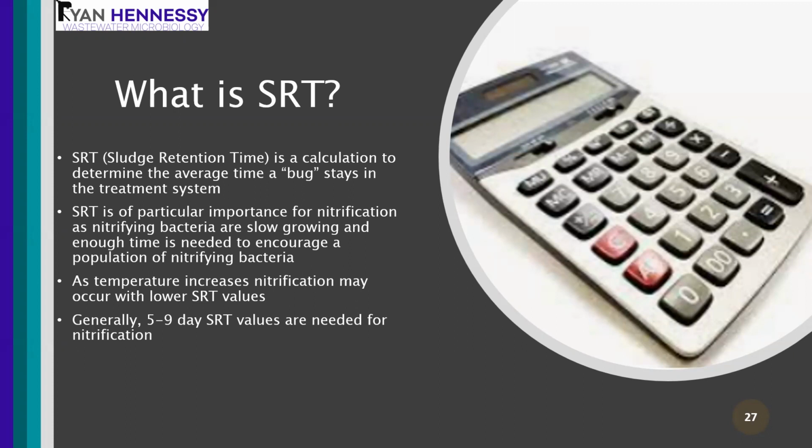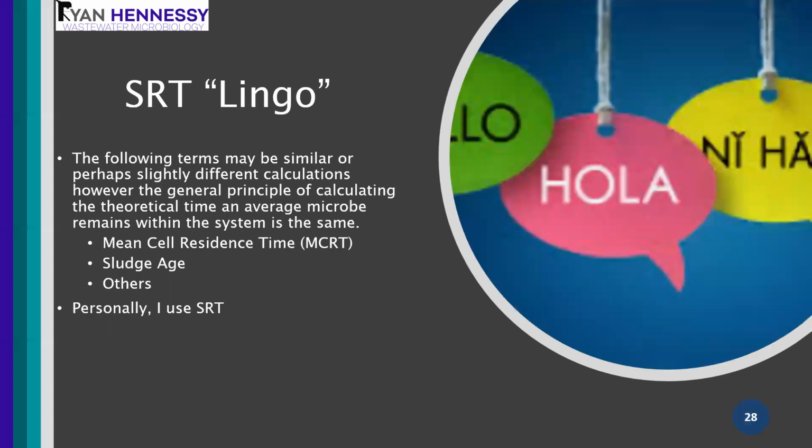And it's going to be very specific to the plant and things like the BOD to N ratio and the temperature and other factors. So the takeaway from the slide is that you have to have an SRT value that's high enough in order to sustain and continue to grow nitrifying bacteria within the plant.